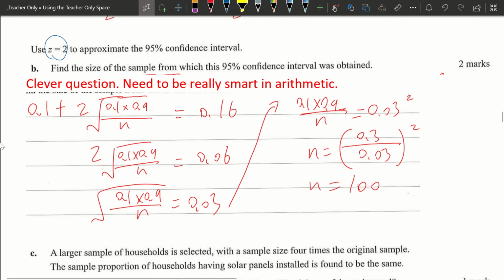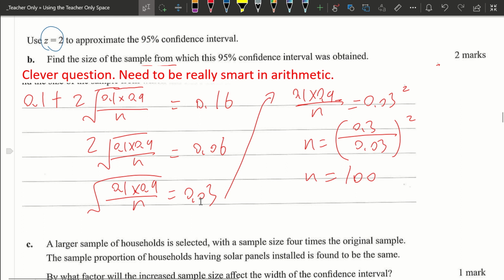We move the 0.1 to the right, so 0.06, divided by 2, 0.03. And then we get rid of the square root, so we get 0.03 squared on the left-hand side. And here is the tricky part.